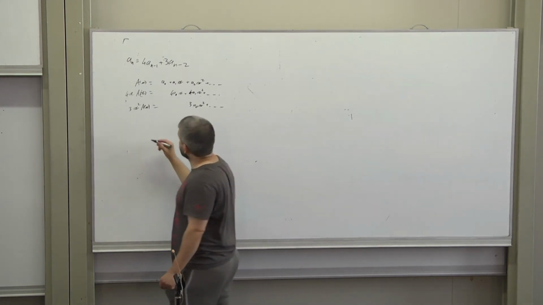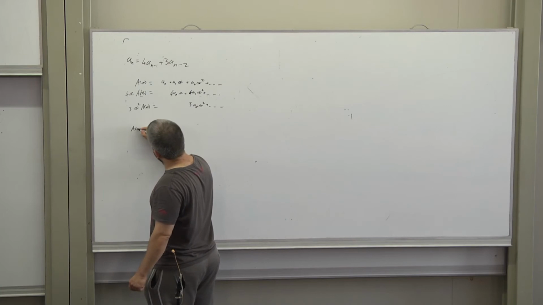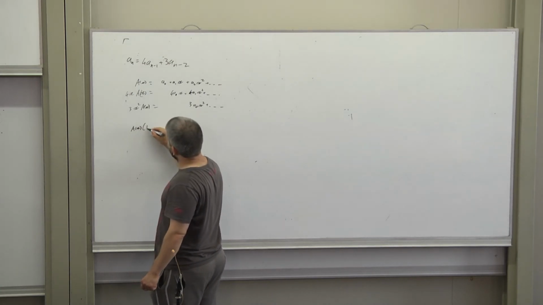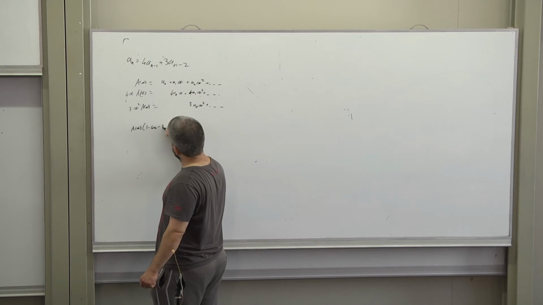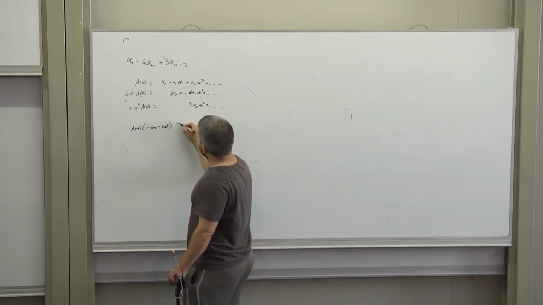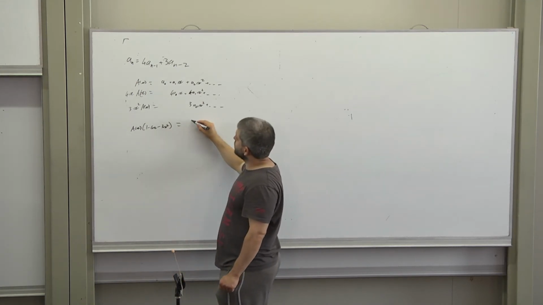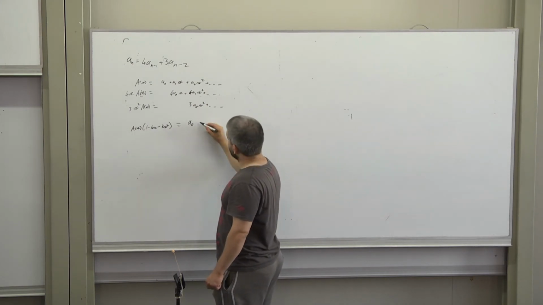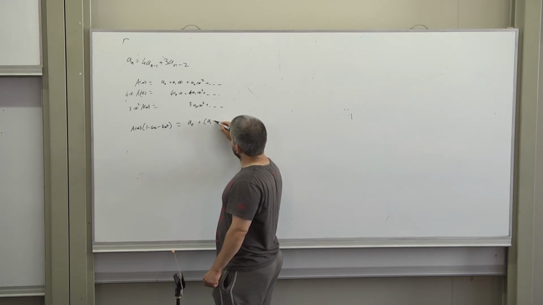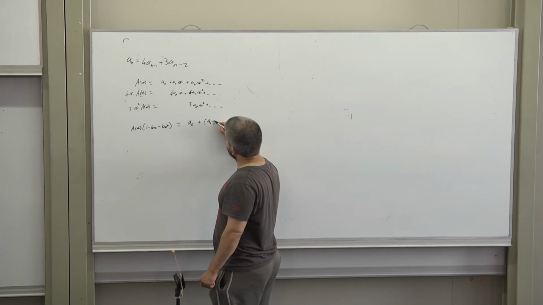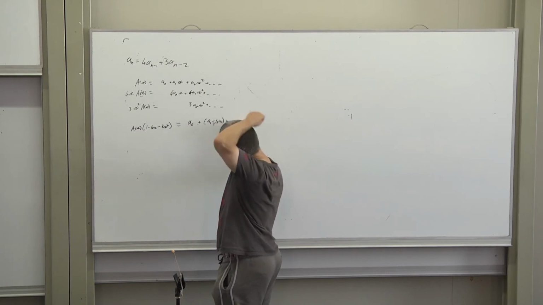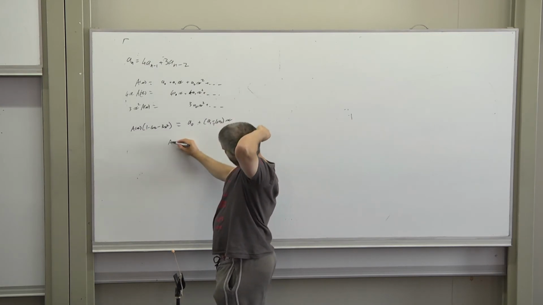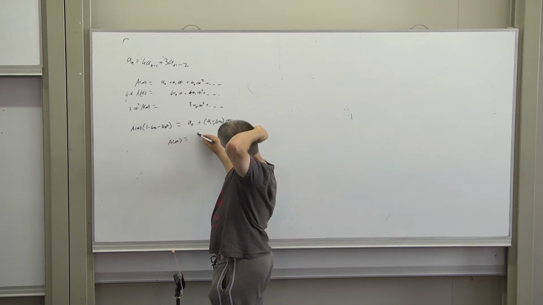And what we're going to get is A(x) times (1 minus 4x minus 3x squared) is equal to a0 plus (a1 minus 4a0) x, and we'll get an exact formula for this.